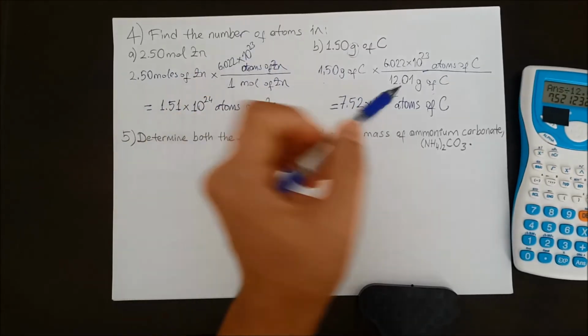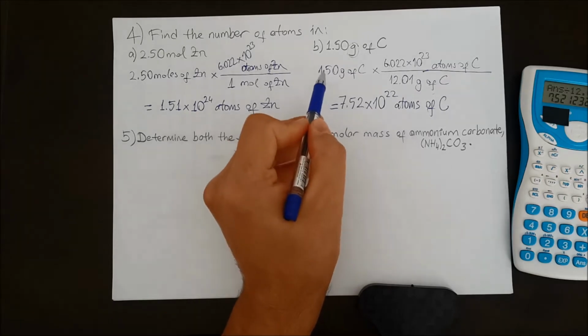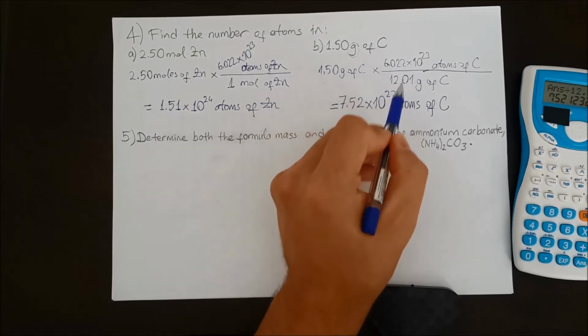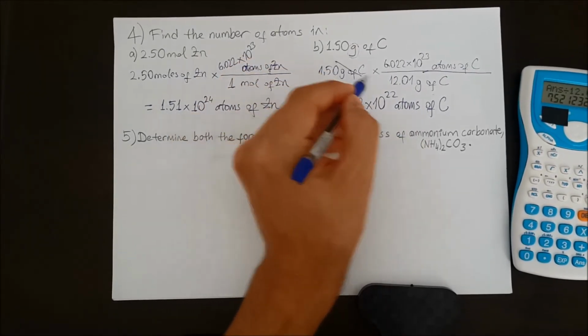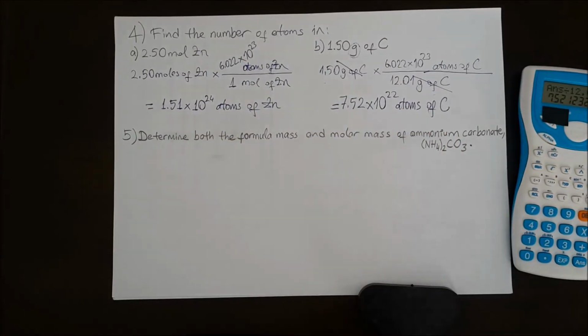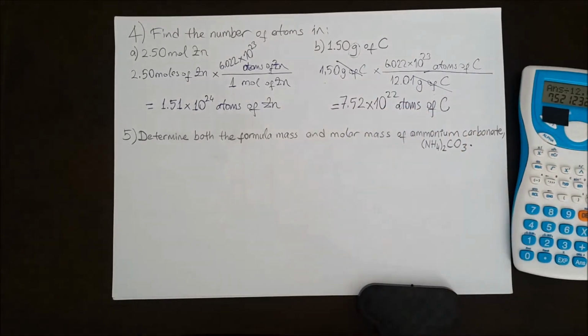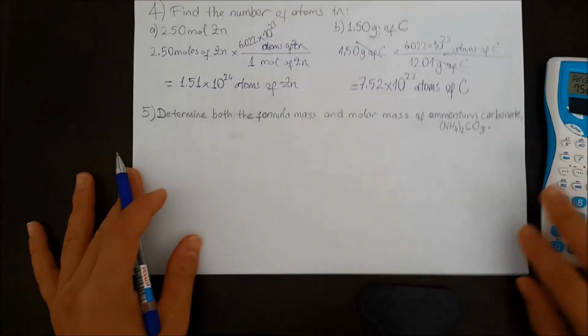So you establish a conversion factor as you see in my solution. You multiply this number by this number and divide the result by this number. As you see here, grams of carbon are cancelled, and the resulting unit becomes atoms of carbon. Okay, let's go on with question 5.